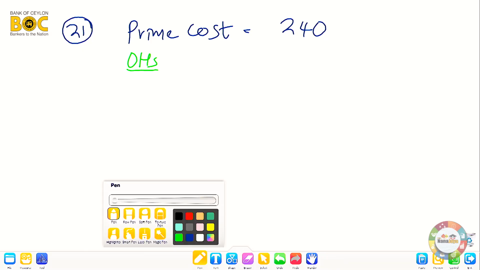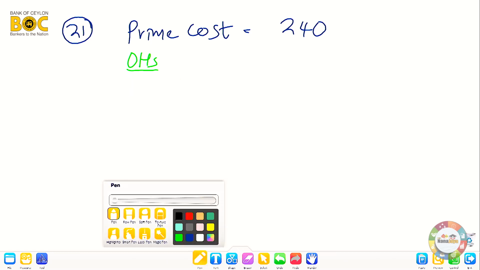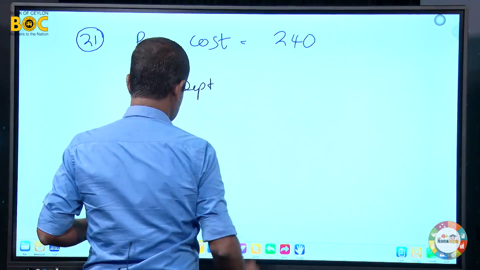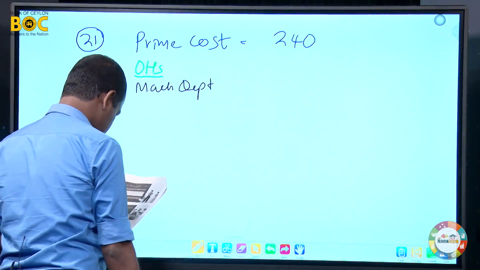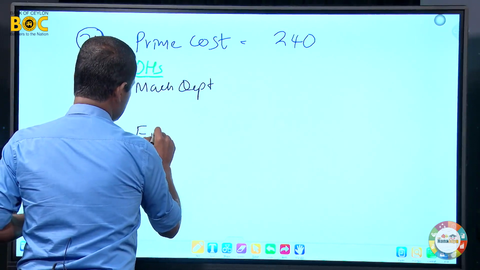You have two departments: the machinery department and the finishing department.